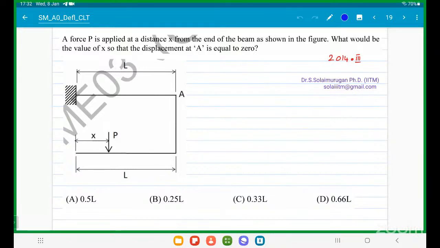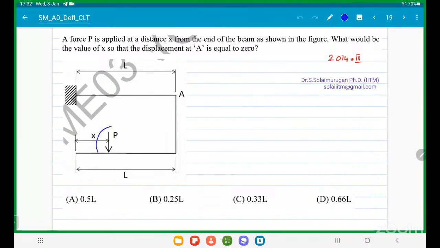Idea. No idea. Wow. What is asked? What is the value of x so that deflection at A is 0? Correct?